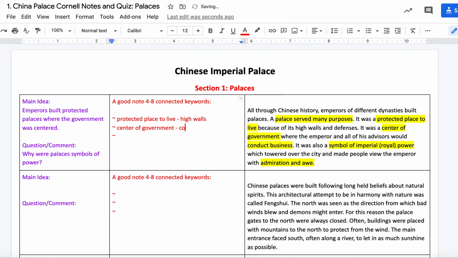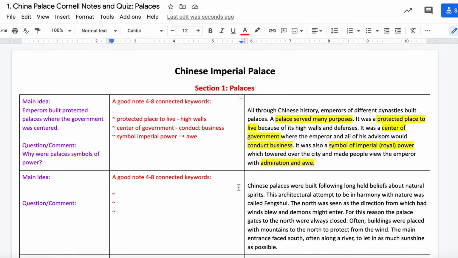All right, and that was a place where they could conduct business. And the last purpose that it had is that it was a symbol of imperial power. And that led to, you can do that little arrow right there, that led to a sense of awe for the people. Now we go to the next paragraph.